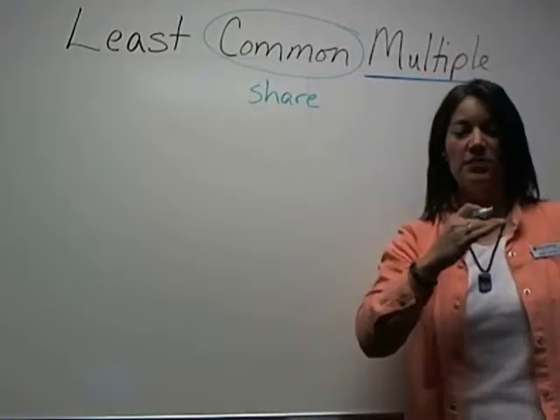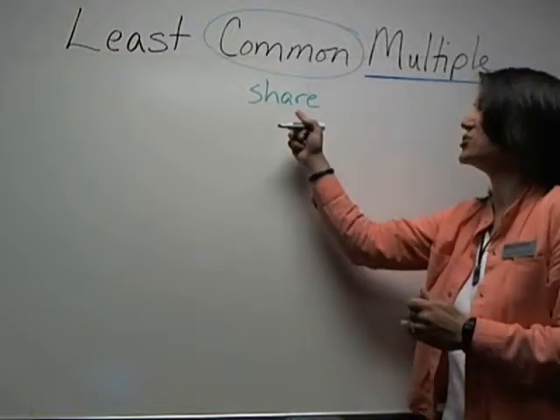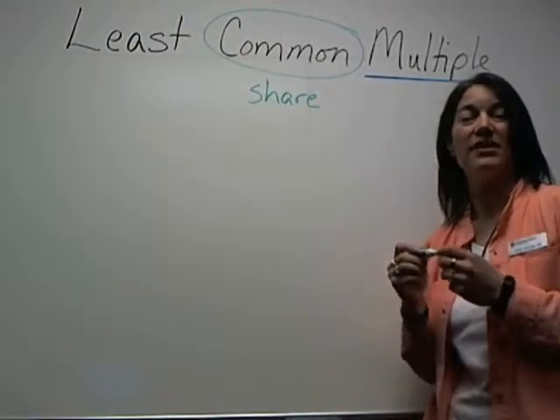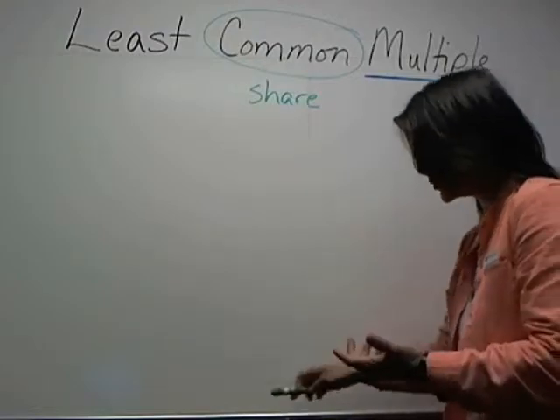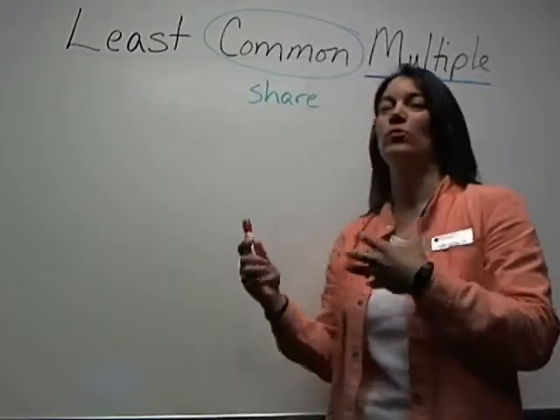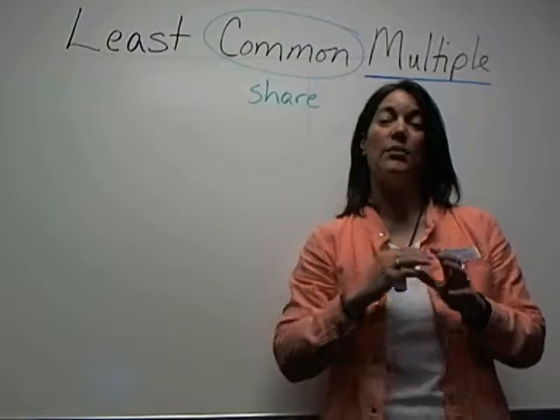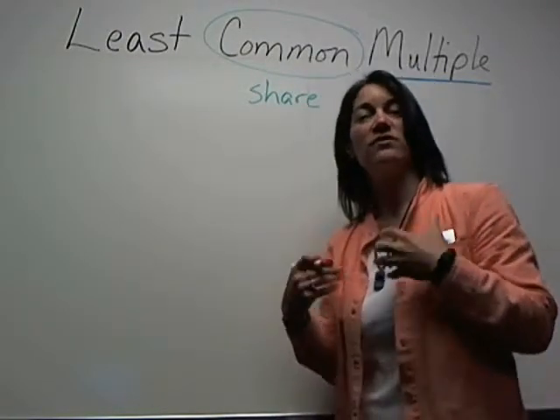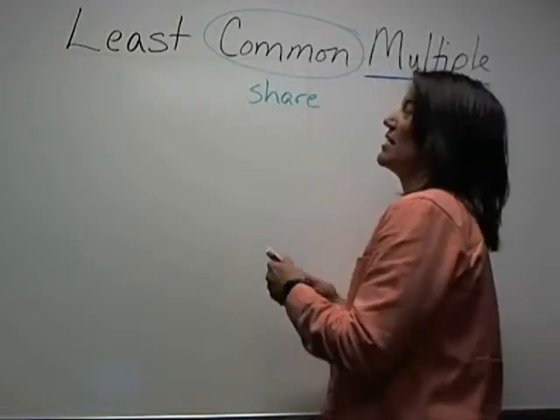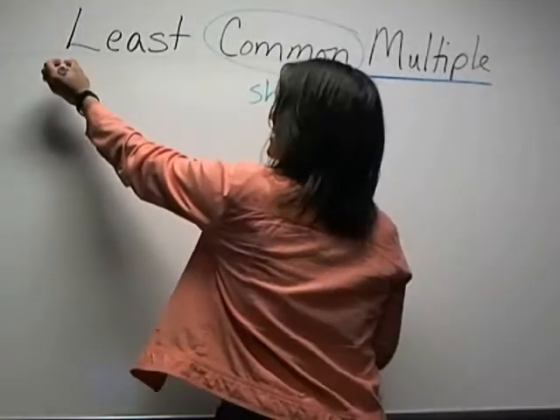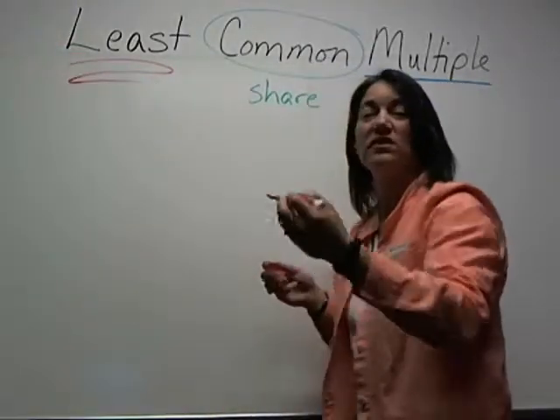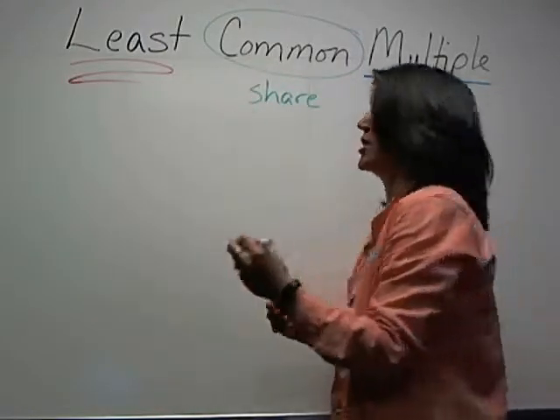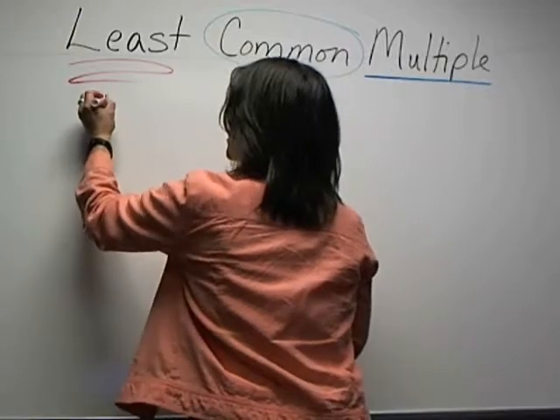We find our multiplication tables that the two numbers or the three numbers that we're comparing share, that they have in common. Now, which one is it? Well, this is when we realize that there's more than one common multiple to two numbers that we're comparing. So which of these common multiples do we want? That's where we go to the first word. We want the least or the smallest number that's bigger that they share. So we want the smallest.